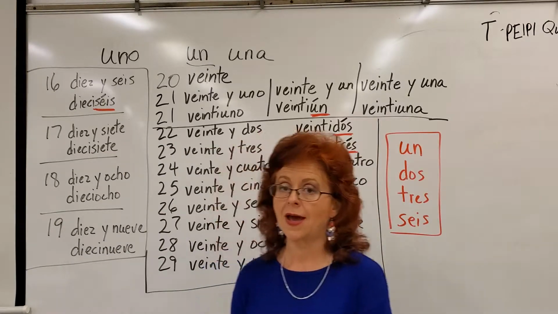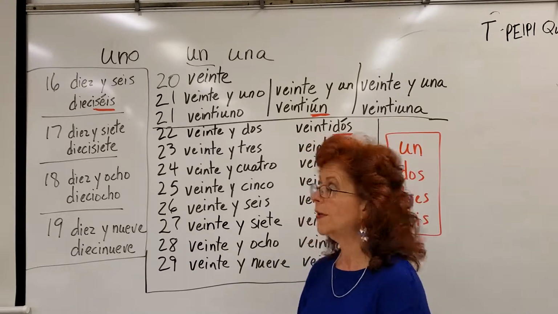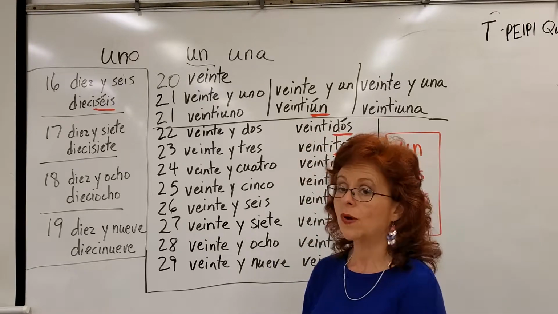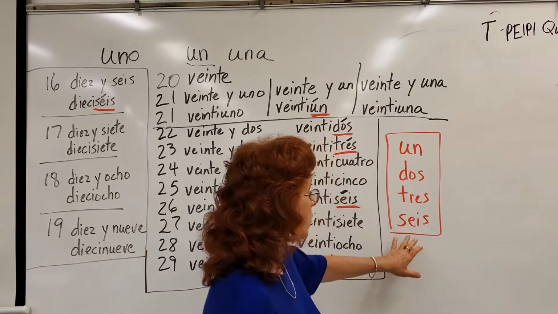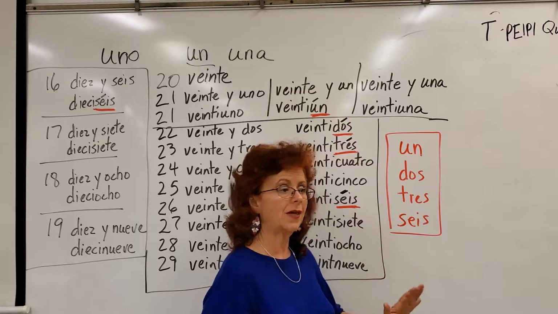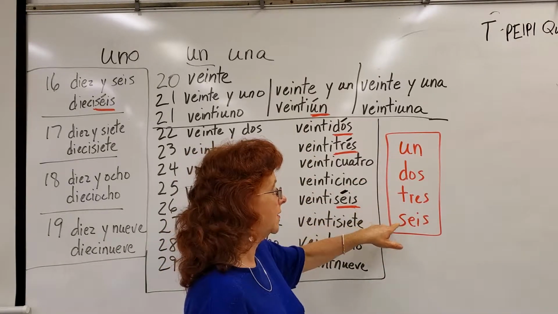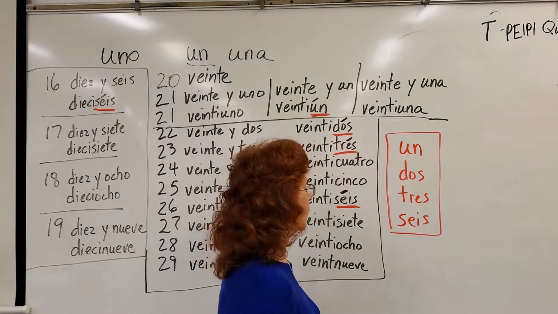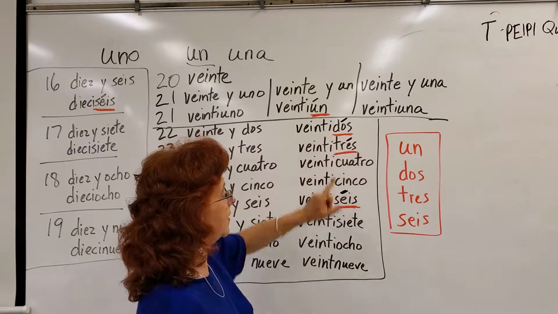You'll notice that the numbers that I have underlined in red are only in the new form, and that they are the one-syllable words. Six, seis. I have them right here. These are the one syllable. Besides the number 10, these are all one syllable. Un, dos, tres, seis. One syllable. And when you write it the new way, like I have here, then you have to add an accent.